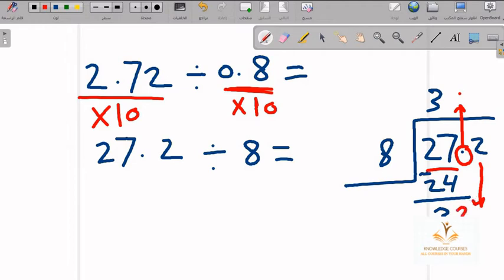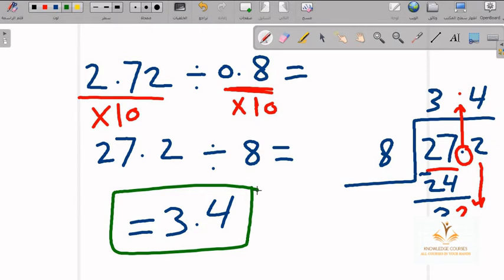This is 32 divide 8 equals 4. So the result is 3.4. That's the result.